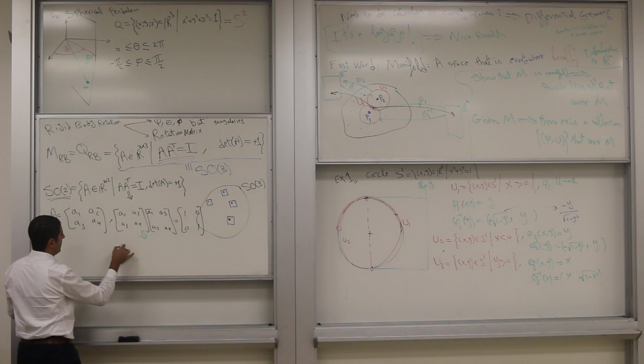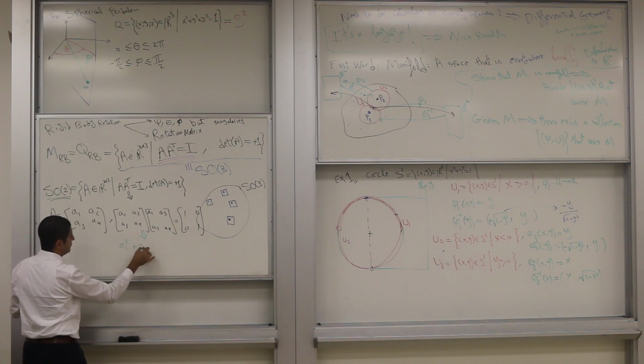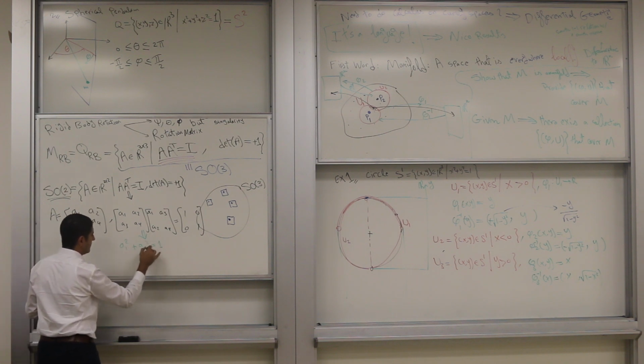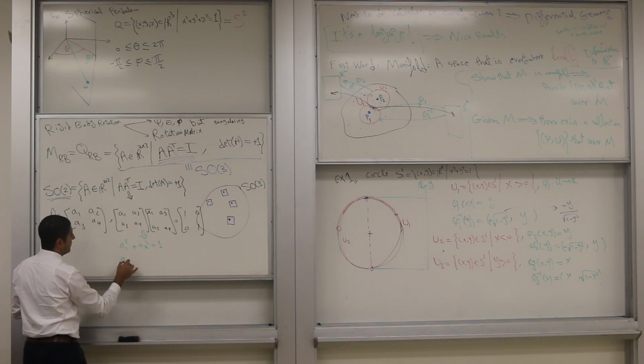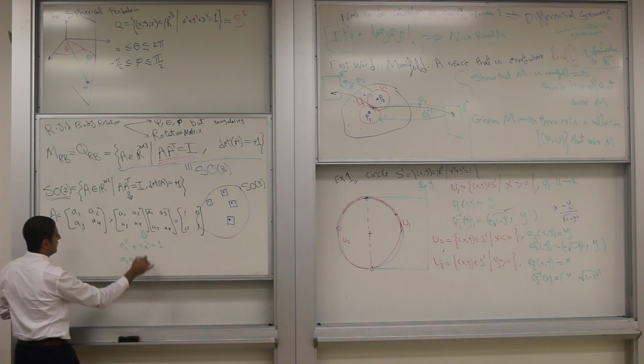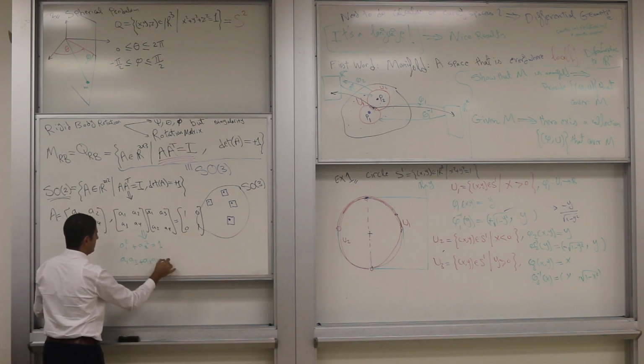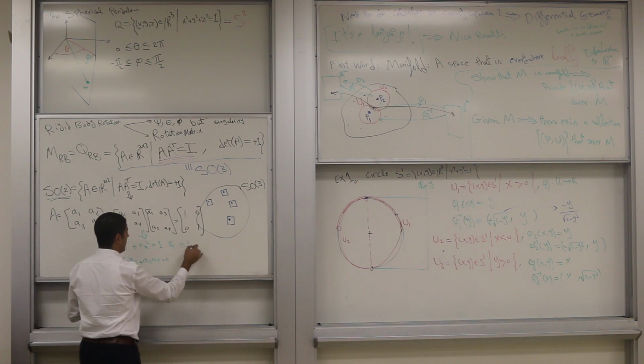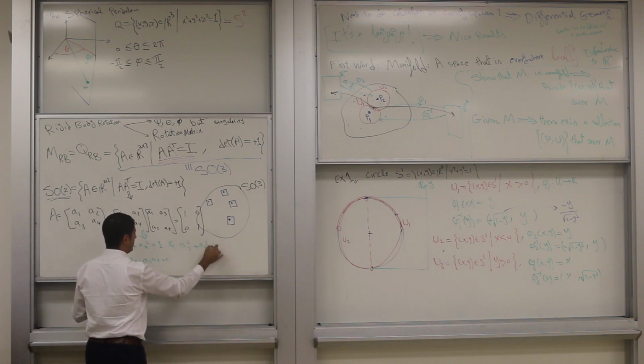So we have A1 squared plus A2 squared is unity. We have A1, A3 plus A2, A4 is 0. And we have A3 squared plus A4 squared is unity.